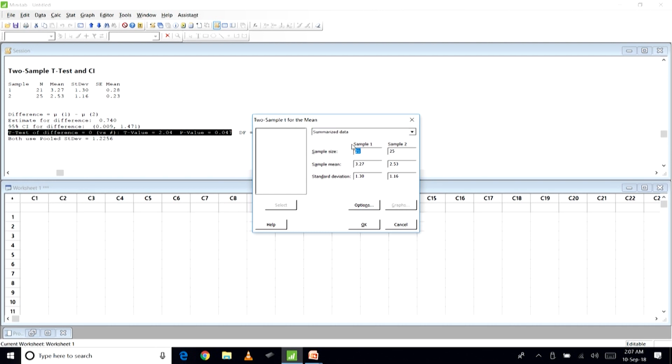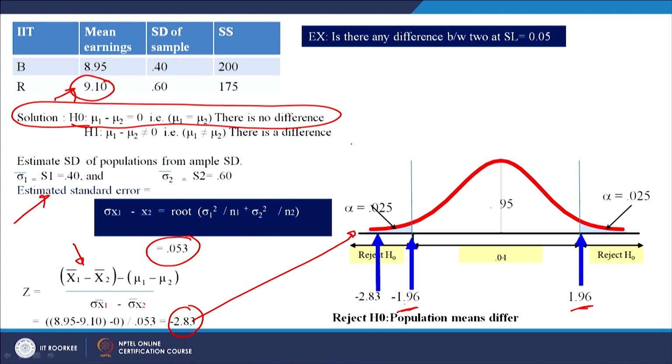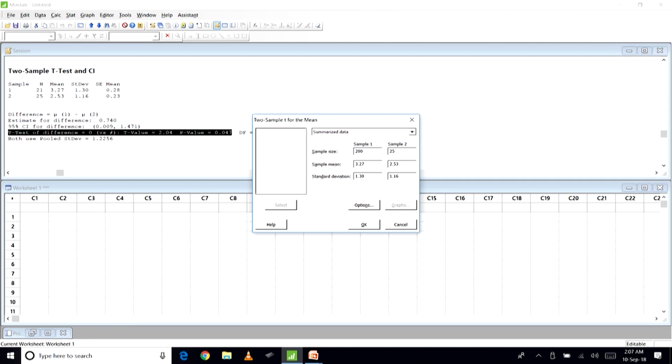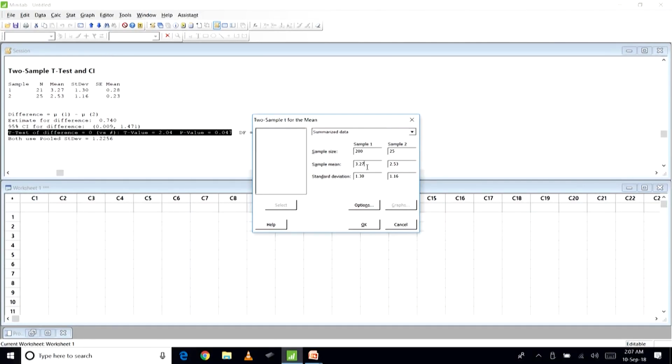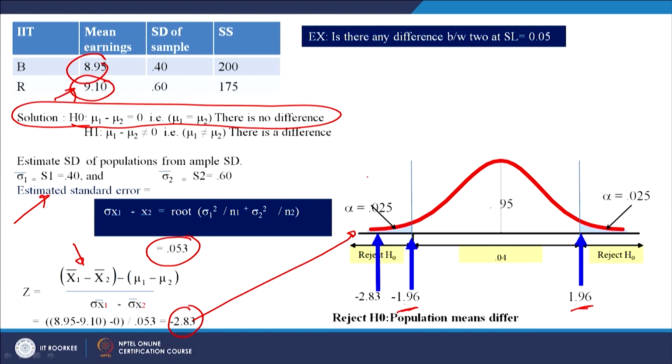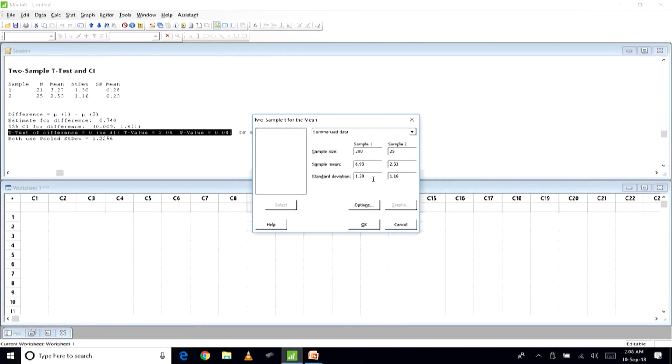For the first sample, the sample size is 200, the sample mean is 8.95, which is here, right. Then the standard deviation is 0.40, right. Similarly, we will make entries for sample 2.